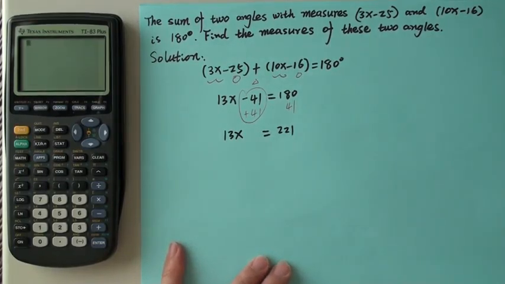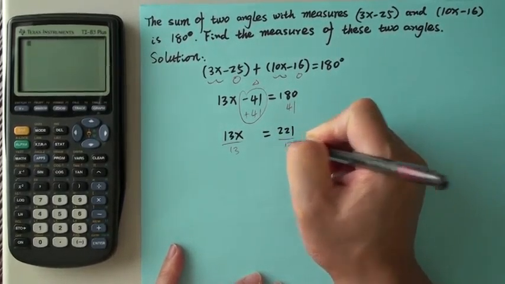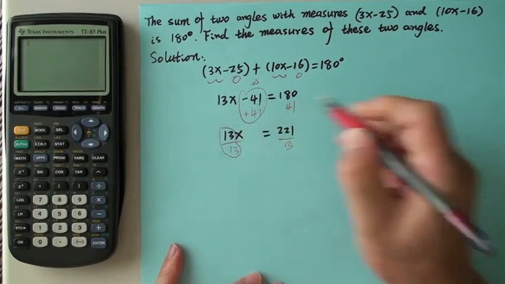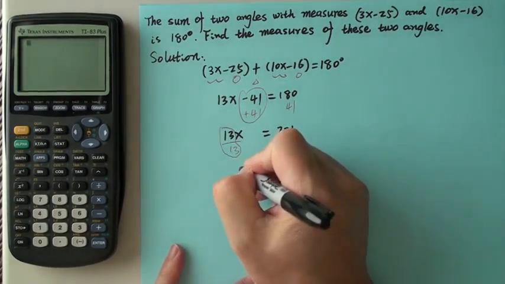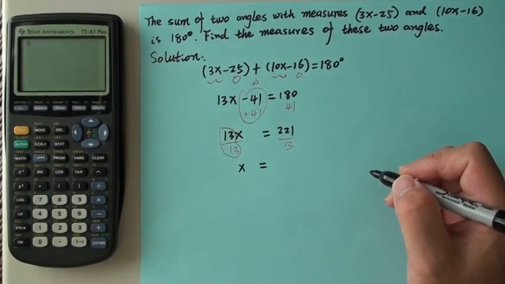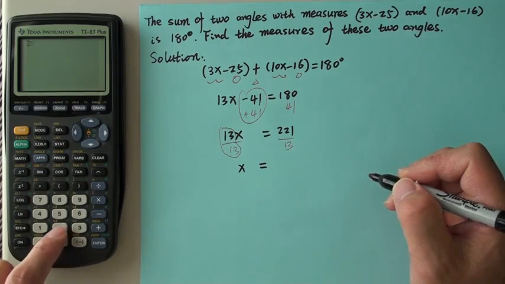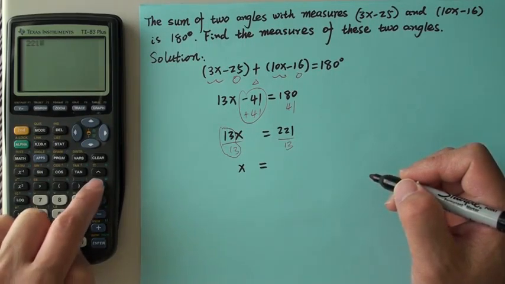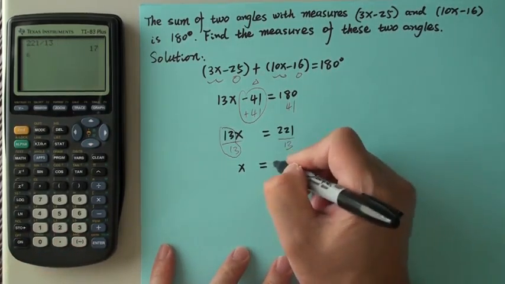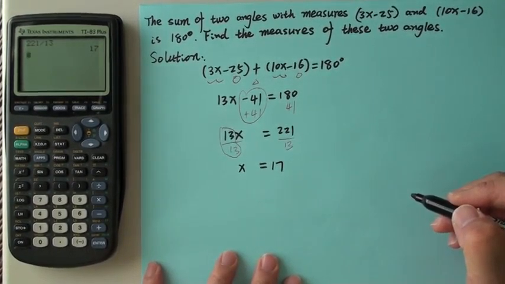Alright, then you divide both sides by 13. You cancel 13 upstairs and 13 downstairs, so x is left on the left-hand side. Right-hand side, 221 divided by 13 is 17. So x is 17.